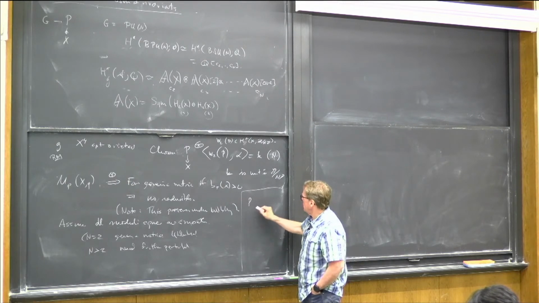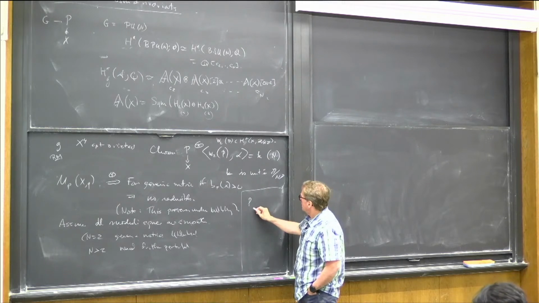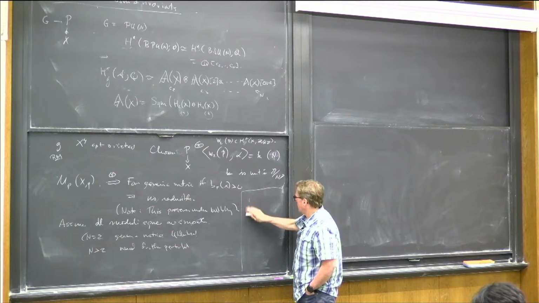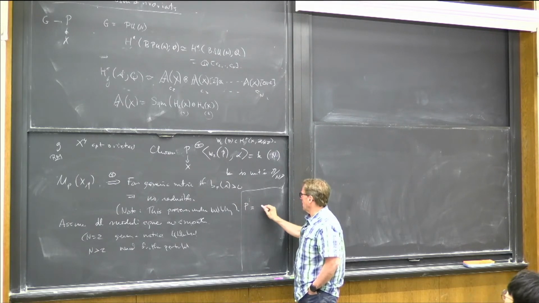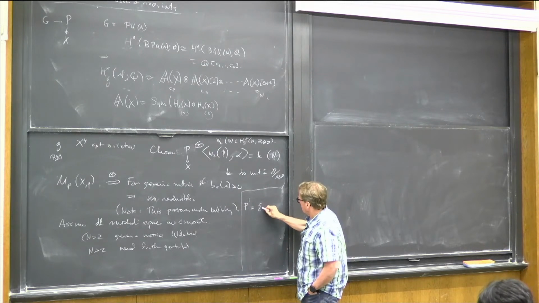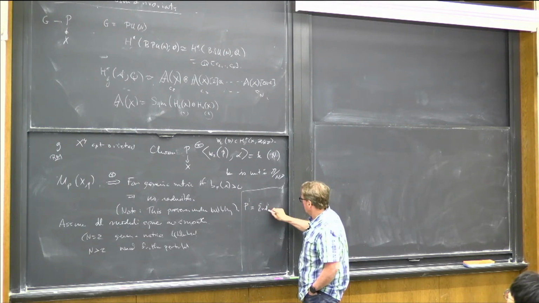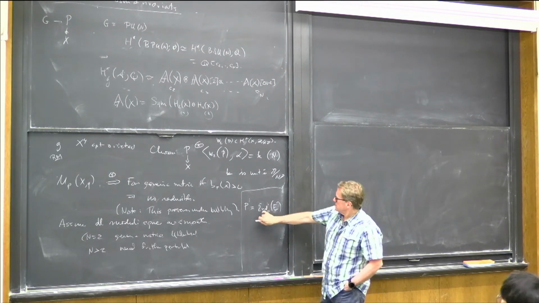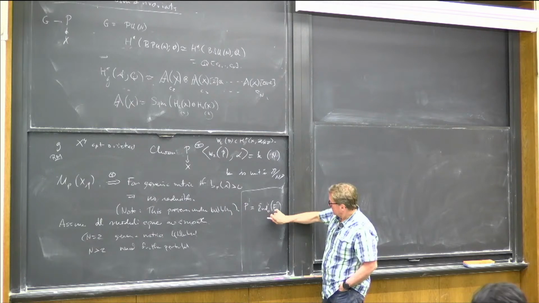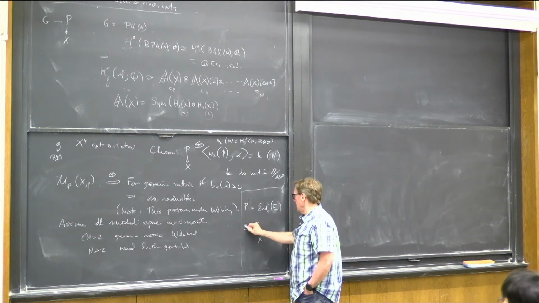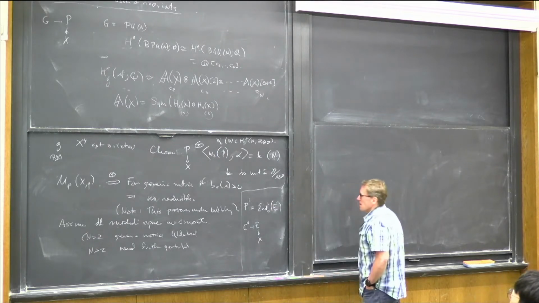So we've got this PUN bundle, but let's suppose that this PUN bundle is the traceless endomorphism bundle of an honest vector bundle E. Right.